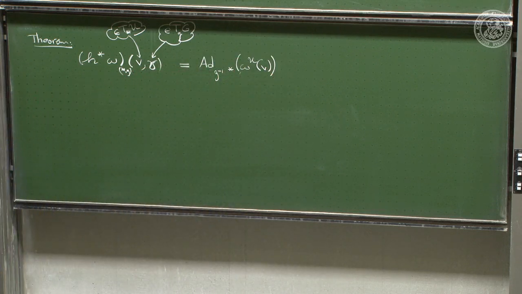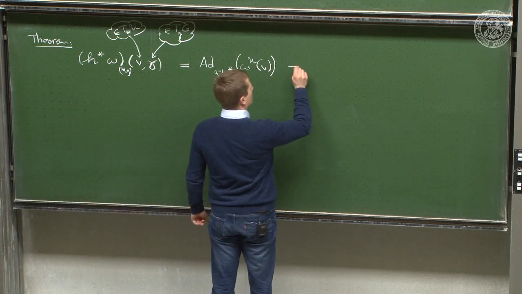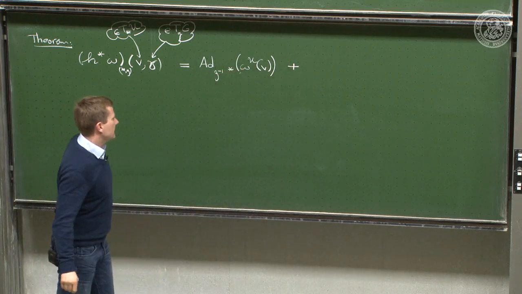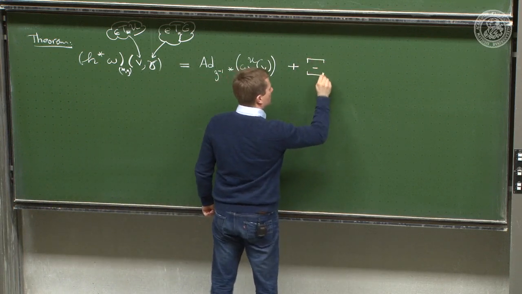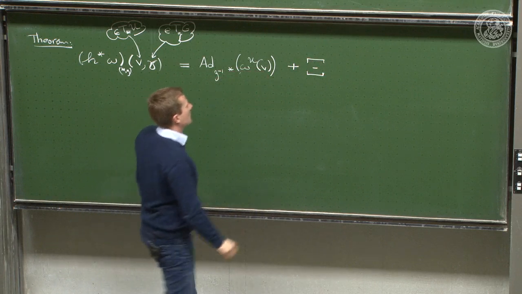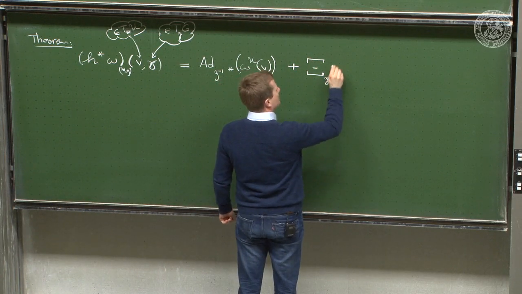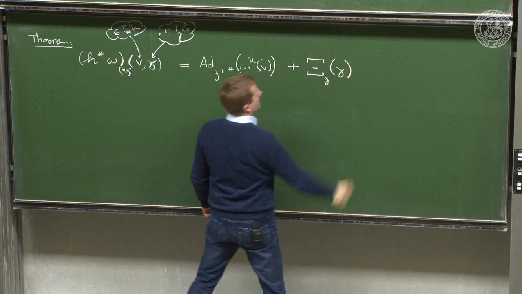That is this. But that's not all. There is actually an extra term which needs explanation. And this extra term comes by this capital Psi at the point G acting on the gamma.